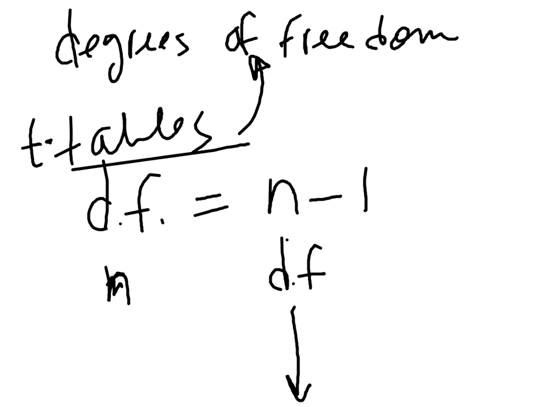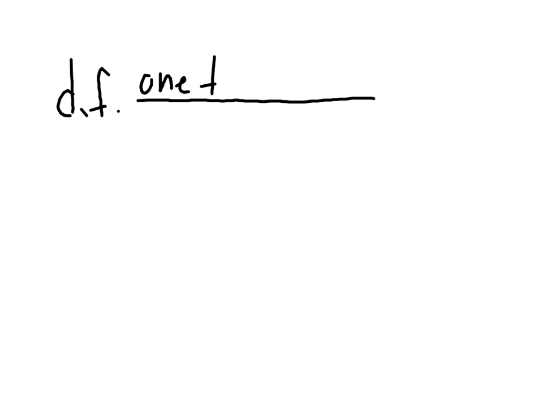In other words, we might have a 90% confidence level, a 95% confidence level, and a 99% confidence level. And there's another feature: where we have the degrees of freedom, they have it broken down into one tail, which we don't have to worry about in this chapter, or two tails.